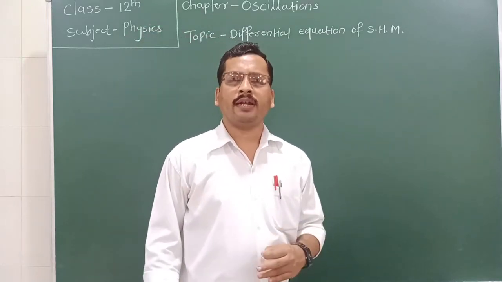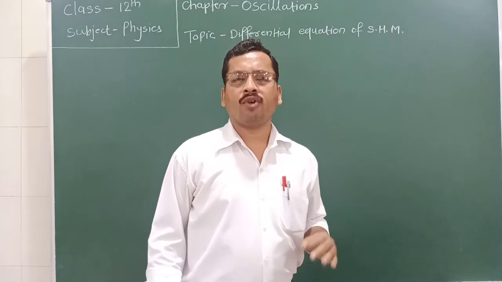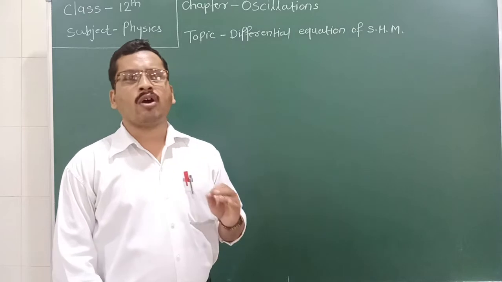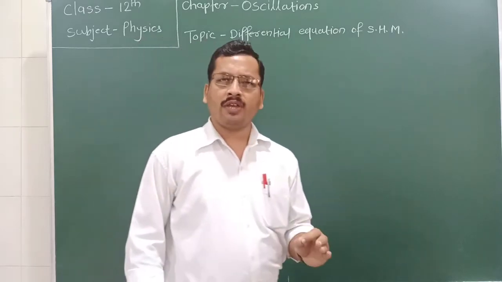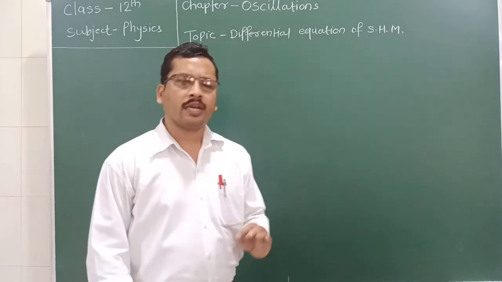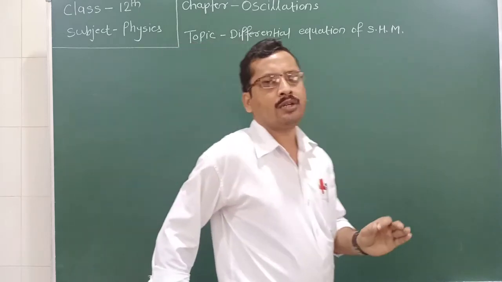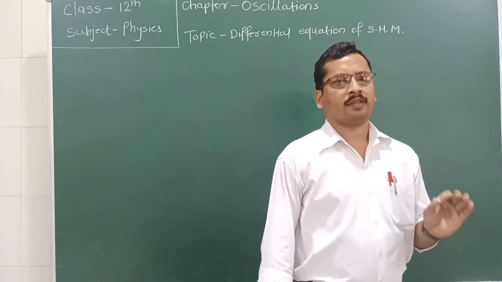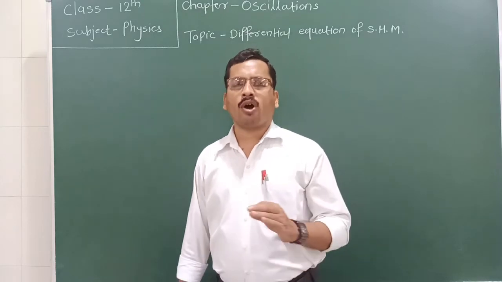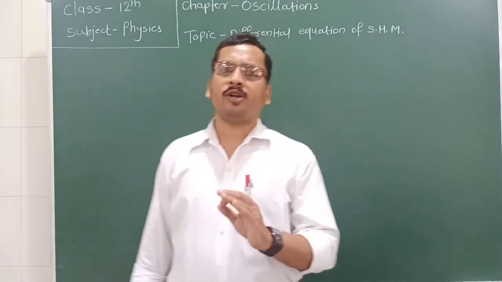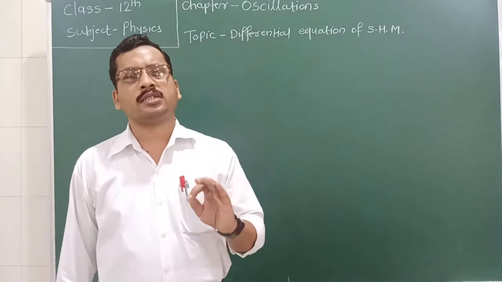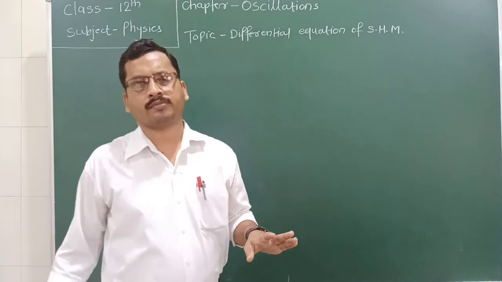But before that, we must know what simple harmonic motion is. The motion of the object in which force is directly proportional to the displacement of the object, and this force is always directed towards the mean position, is called simple harmonic motion.